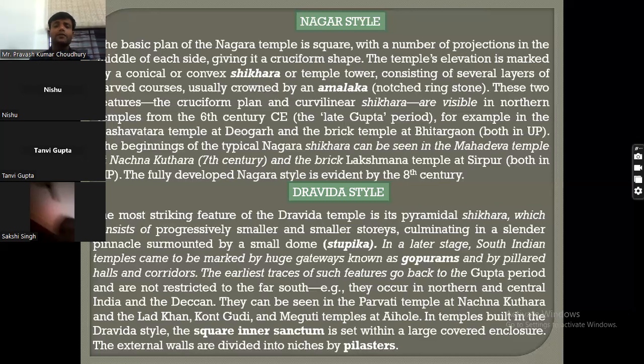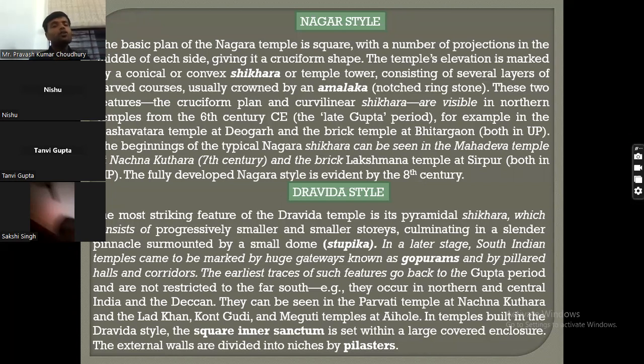What you see is that the basic plan of the Nagar style of temple architecture is squarish in shape, with a number of projections in the middle of each side, and that gives the temple a form which is called cruciform shape.